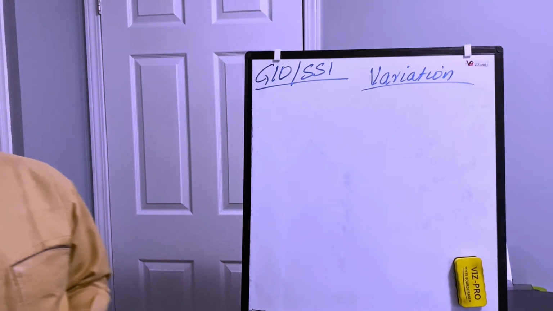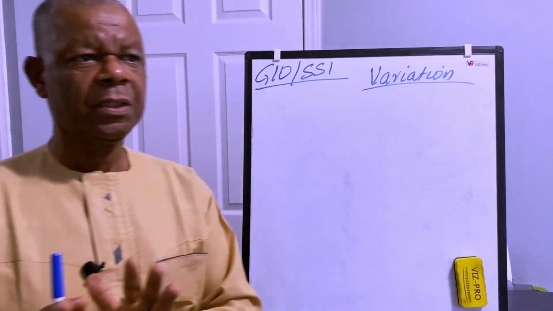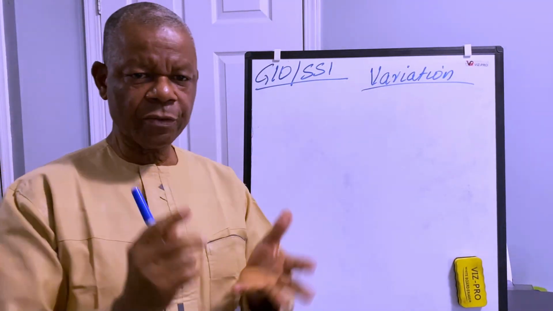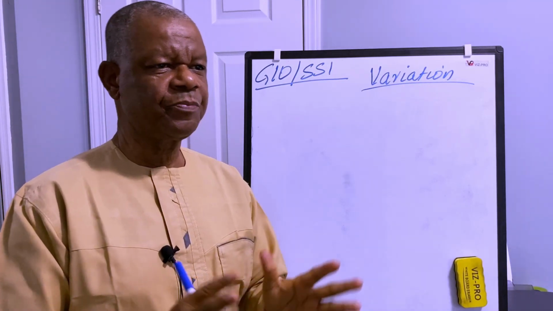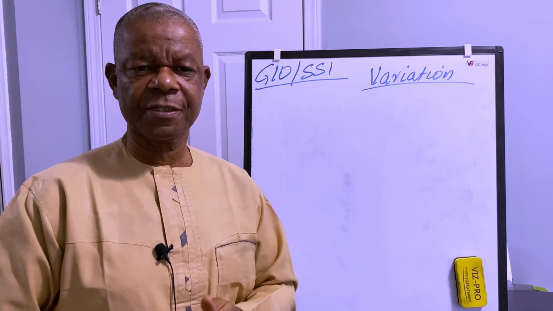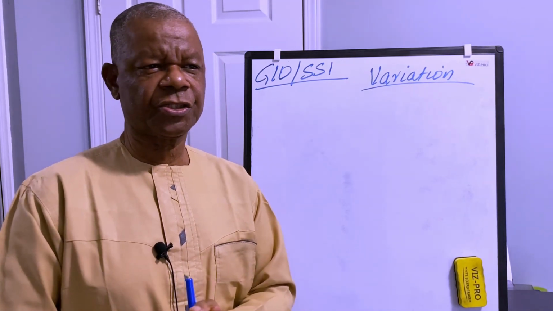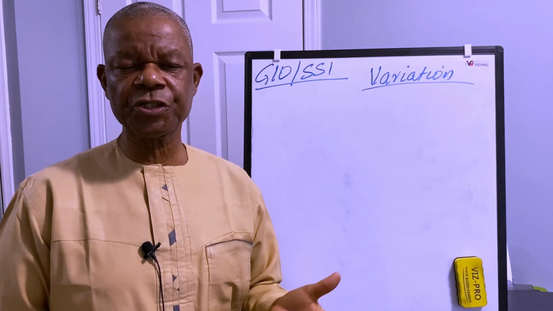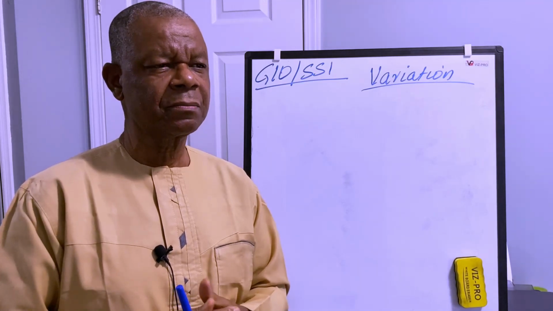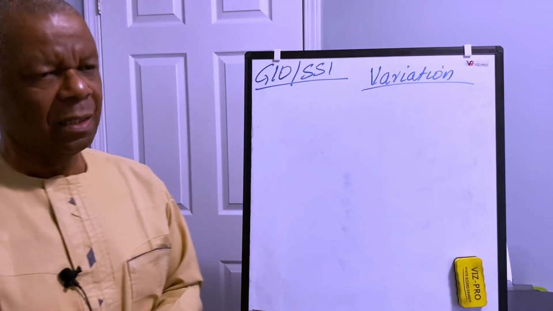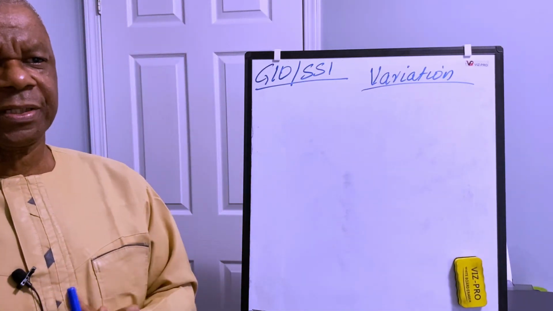When we are talking of variation, we are talking of an act of varying, an act of differing of maybe two or more things. A partial change in the form of position, state, quantity, in an equal proportion, so to say.